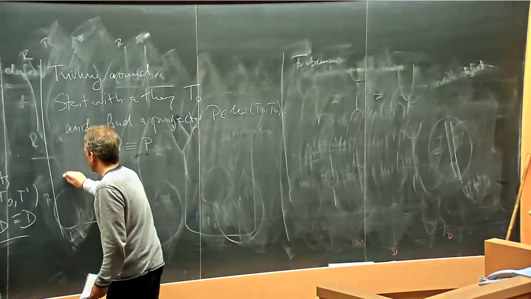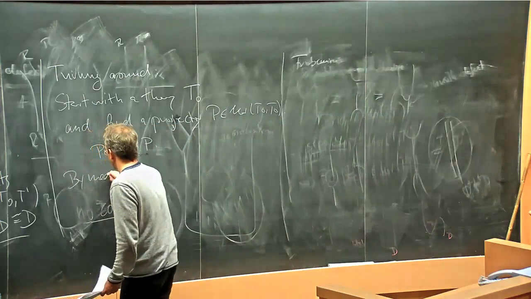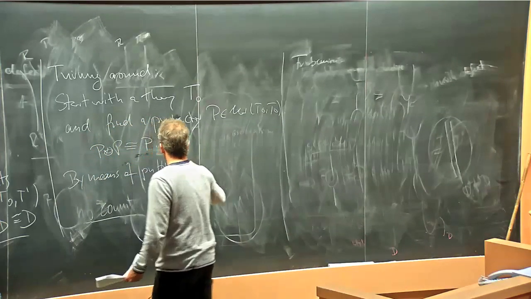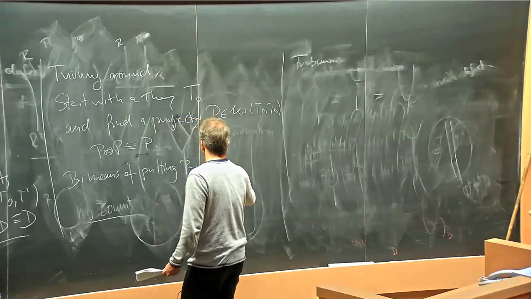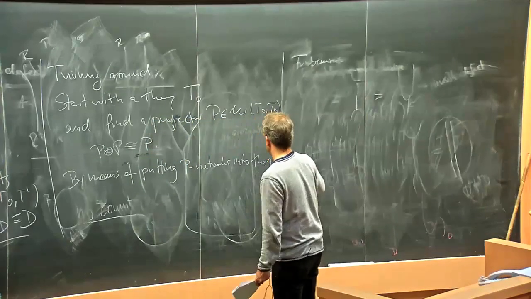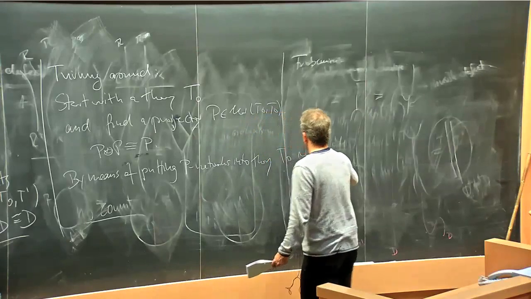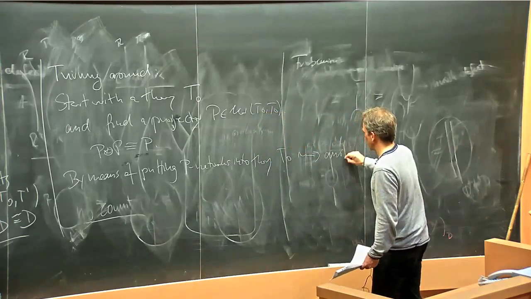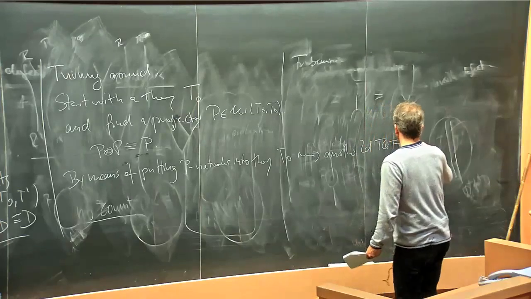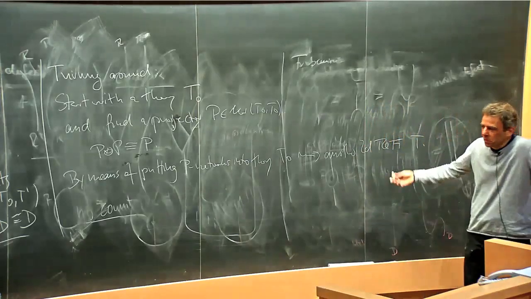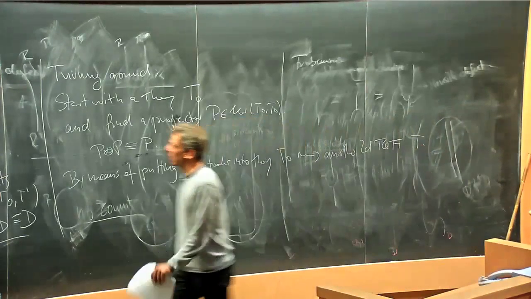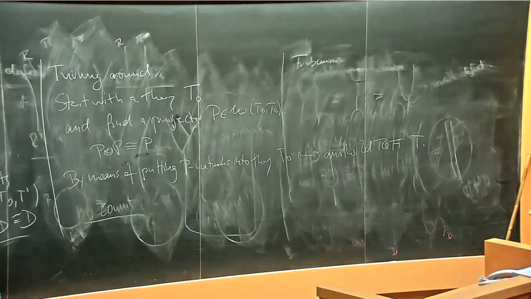you get another 2D TQFT. So by means of putting P networks into theory T naught, you get another 2D TQFT T. We don't know what it is. It's just that there is another TQFT T which you can obtain in this way.